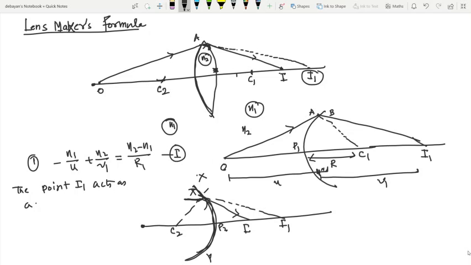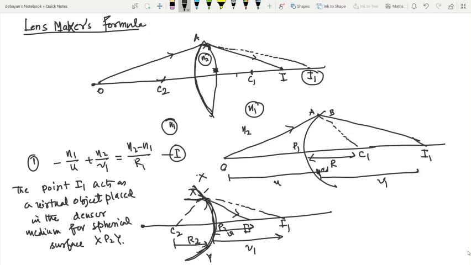So in this situation, the object is placed in the denser medium and the image is found in the rarer medium. This is the radius of curvature. The object distance here is v1, the image will be found at I, and the image distance is taken as v.